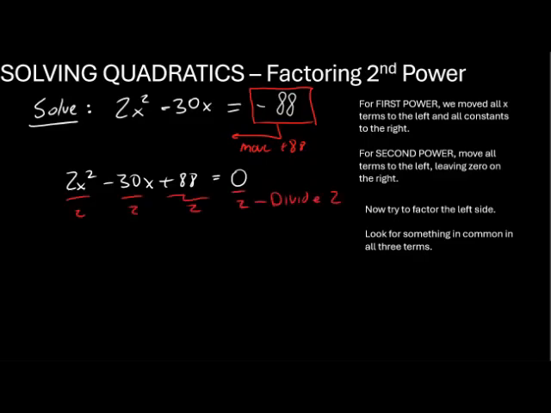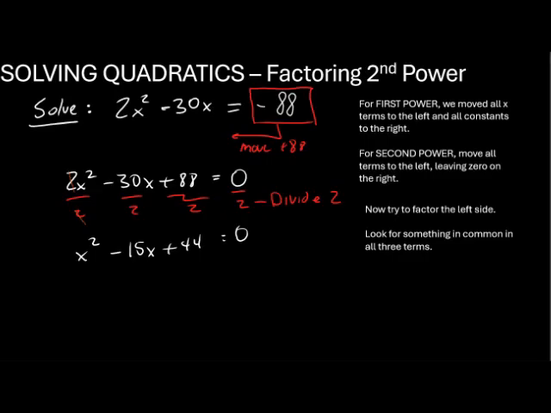This includes the 0 on the right, but 0 divided by 2 still gives us 0. For the rest of the equation, 2x squared divided by 2 will cancel the 2's and leave us with x squared. Negative 30x divided by 2 will give us negative 15x, and 88 divided by 2 is 44.